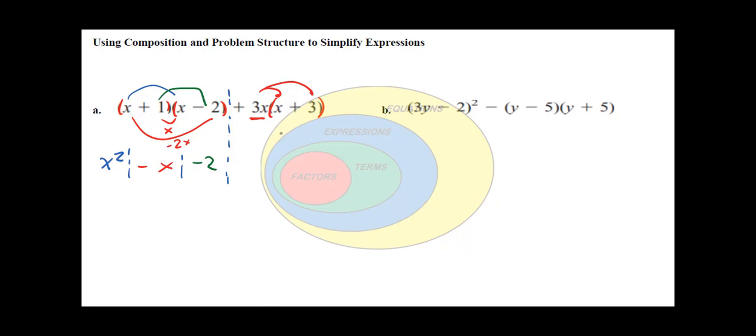Sorry about that. So the 3x times x would be a positive 3x squared. And then the 3x times 3 would be a positive 9x.